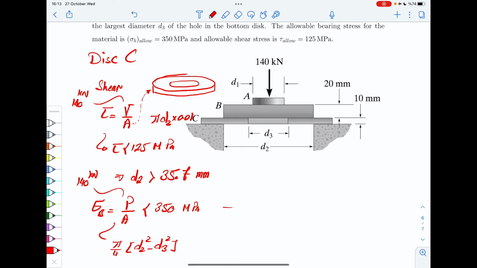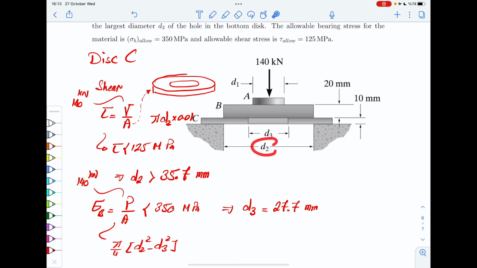Okay, so from this, you can compute D3 to be 27.7 millimeters, or less than that, by the way. If it is more, this is different from the previous one.